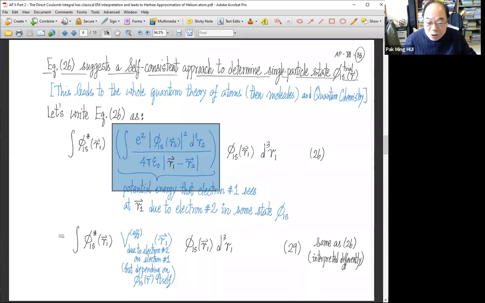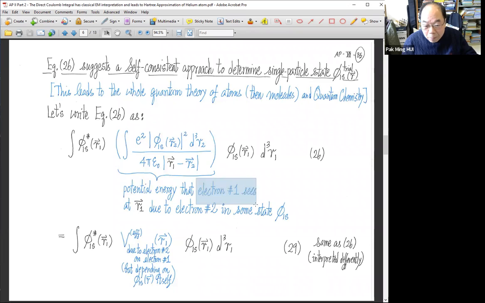This is just the potential energy that electron number 1 sees due to electron 2, which is in some state called psi 1s. So it is this bit of charge, E times psi 1s of R2, due to electron number 2, which then creates a potential energy at R1. So this bracket in between is a function of R1.